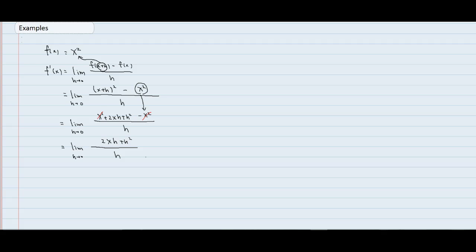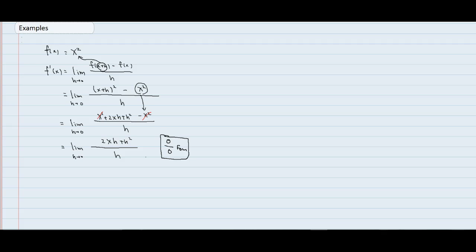And again, if you were to check the form of this limit, as h goes to 0, the numerator definitely goes to 0, and the denominator, h, is definitely going to 0. So this is definitely going to be 0 over 0 form. But as I said, when you try to compute the derivative, it's always going to give you 0 over 0 form.